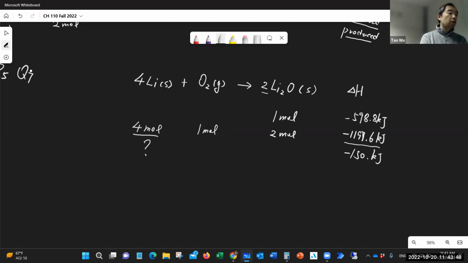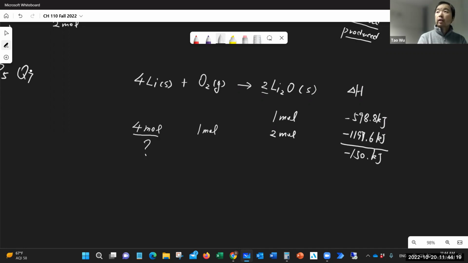So 4 moles of lithium plus, oh sorry, that should be 1. 4 moles of lithium reacted with 1 mole of oxygen to form 2 moles of lithium oxide, and meanwhile we produce that much heat. Now you can solve the problem. 4 moles over the question mark should be equal to the heat over the heat that we have.